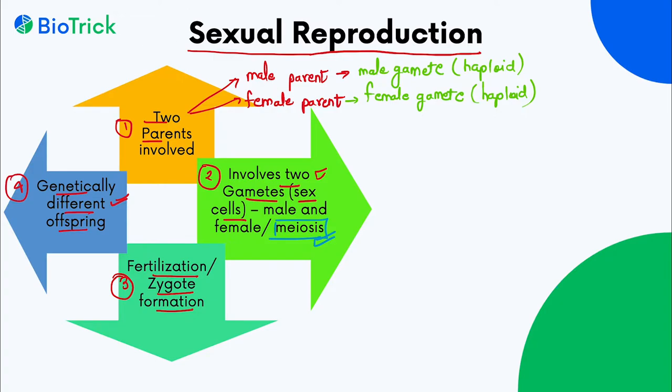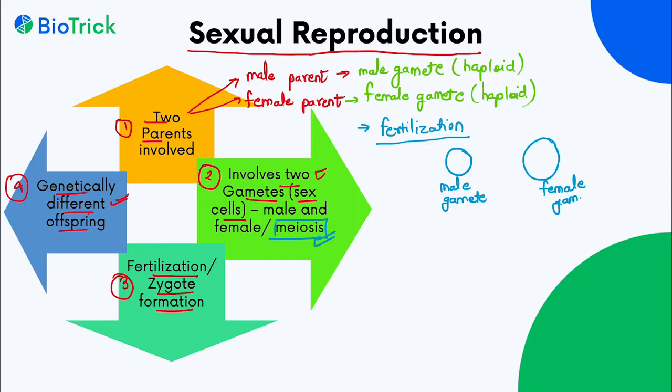Now the third feature is fertilization. Let's understand the term fertilization. Let's take a male gamete and a female gamete, which are formed by the process of meiosis. These are the sex cells, as we all know.